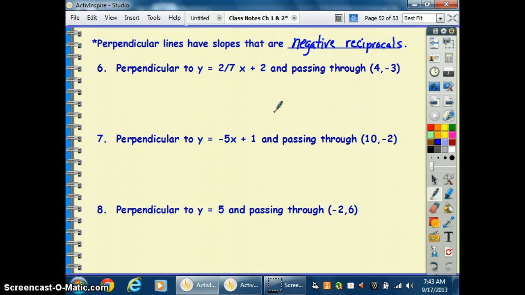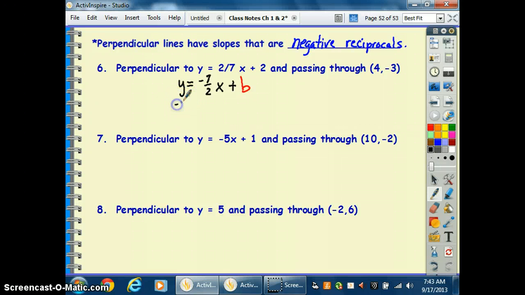Okay, so again we're trying to find b. It says a perpendicular line to y equals 2/7 x plus 2. Let's plug in these values. Now our slope is not 2/7, it's the negative reciprocal, so it's negative 7/2 x plus our b. Oh dear, I knew more than that.